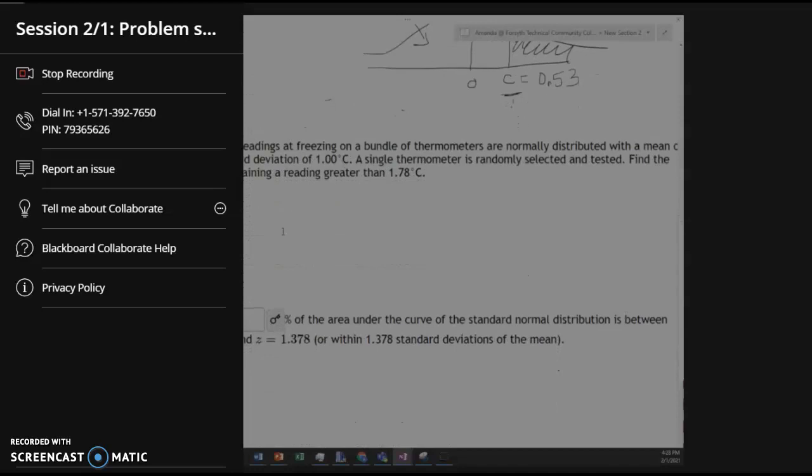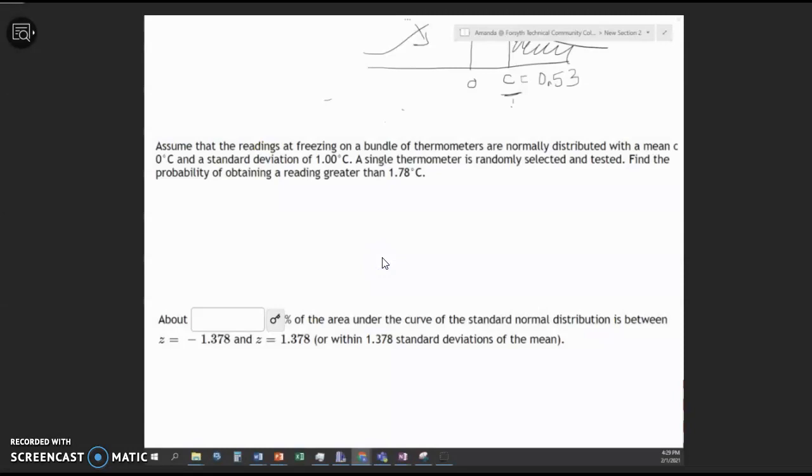Okay, so this next question. Assume the readings at freezing on a bundle of thermometers are normally distributed with a mean of 0, standard deviation of 1. So automatically we know that this is a standard normal distribution. And so we have the same situation as before. It's just written in a big sentence.